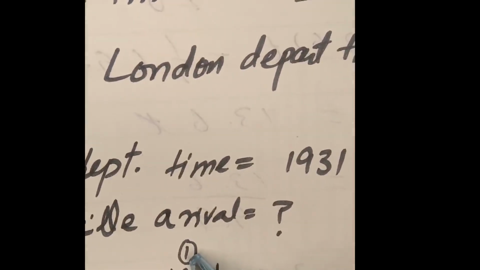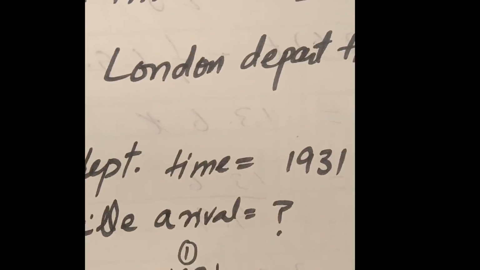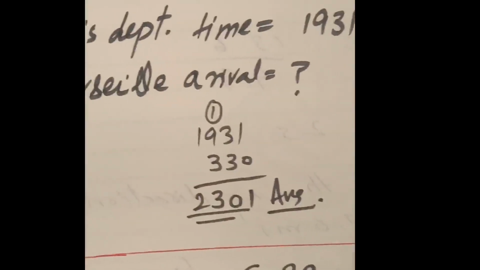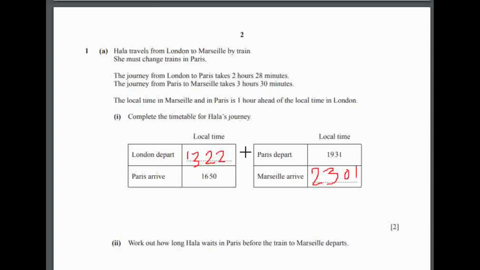This 1 will be added to the 19. So 19 plus 1 is 20, and 20 plus 3 is 23. So the answer is 2301. It means she arrives in Marseille at 2301. We put 2301 here.